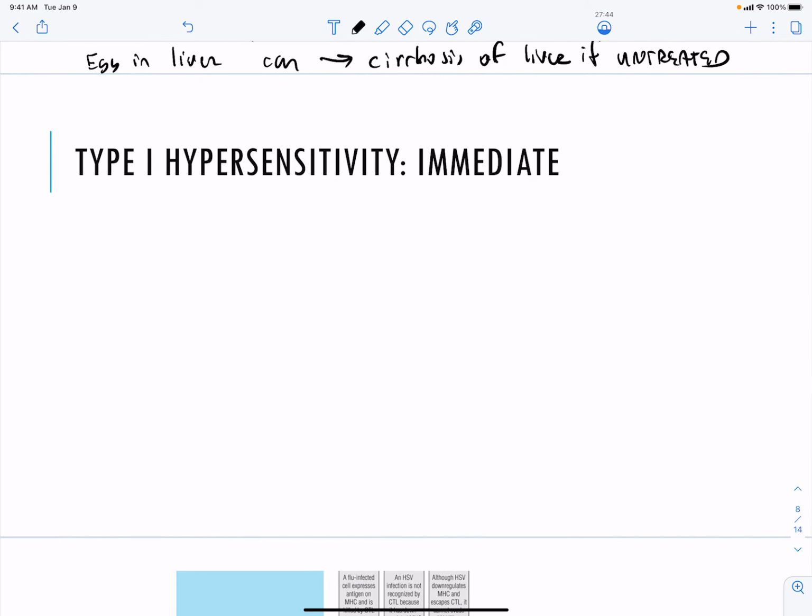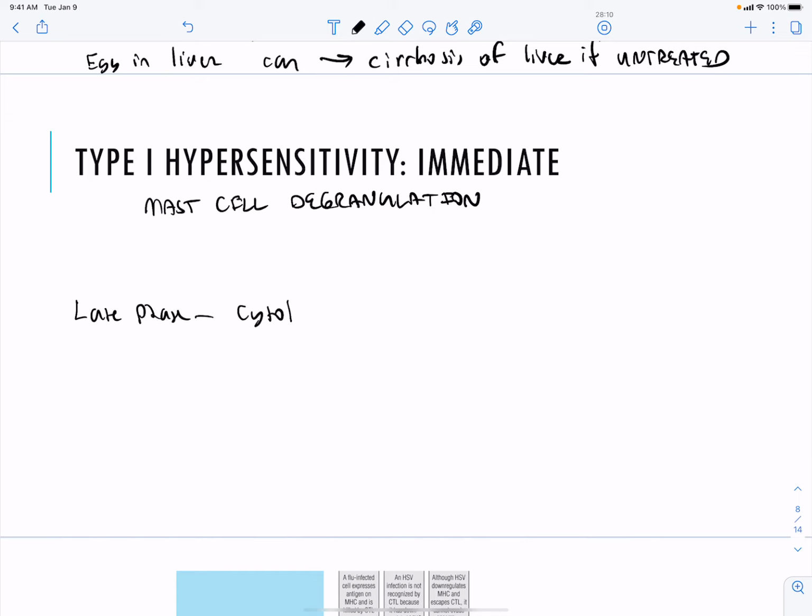Okay, so what we've been talking about here is type 1 hypersensitivity, which is immediate, and this has to do with mast cell degranulation. This is within seconds or minutes. We also have the late phase, where you have cytokines, and these can lead to a chronic allergic response.